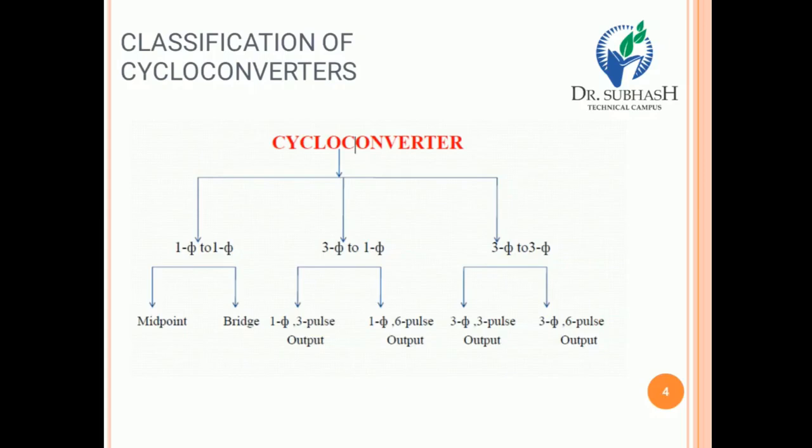Three phase to single phase can be classified as either 3 pulse output or 6 pulse output, and three phase to three phase cycloconverter is 3 phase 3 pulse output, otherwise 3 phase 6 pulse output.